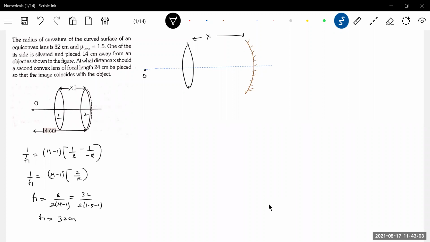What is f1? Sorry, this is f2. What about f1? f1 will be 24 centimeter.